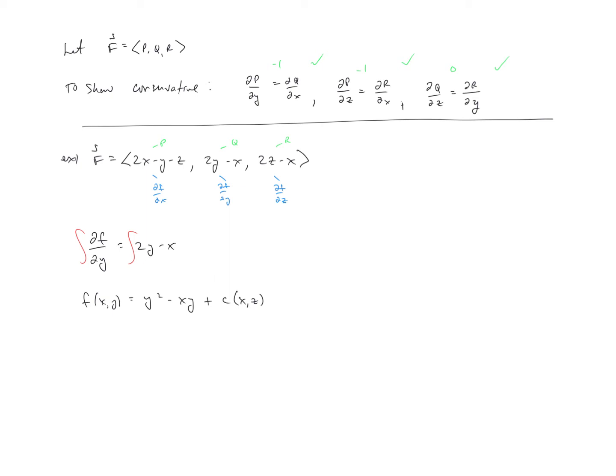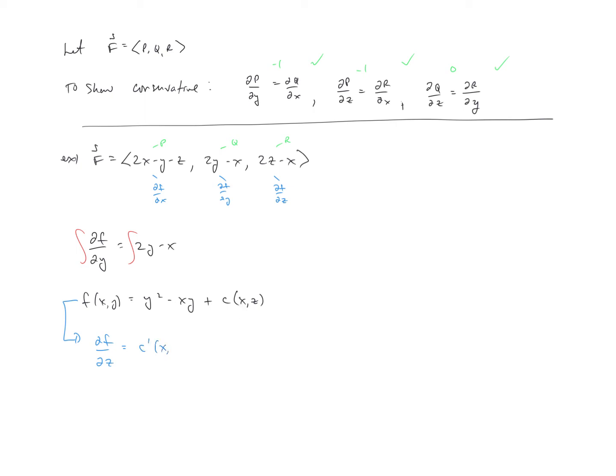All right, so from this, I'm now going to need to find either partial f partial x or partial f partial z. Once again, it doesn't matter. I'll go ahead and do partial f partial z. So finding the partial derivative of this with respect to z is going to give me a 0, 0, and then just a c prime right there.